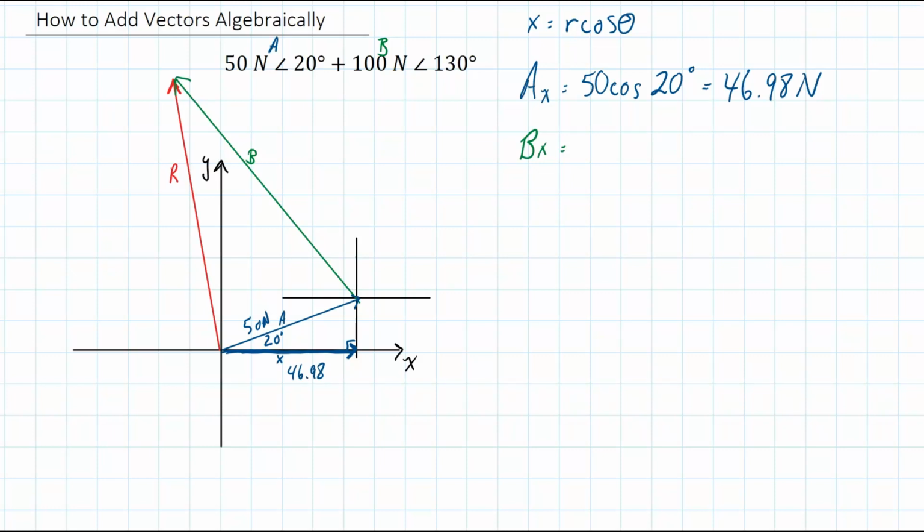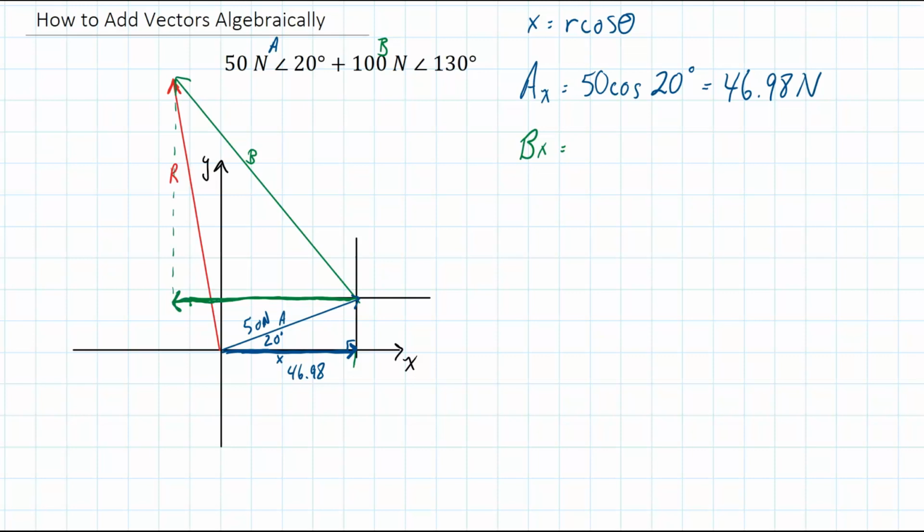Now the x component of the B vector goes from that same line, but it goes left, right? It comes back like that. Mathematically, let's find out what that value is. I want that to line up with just below here, so it's going to come right to there.